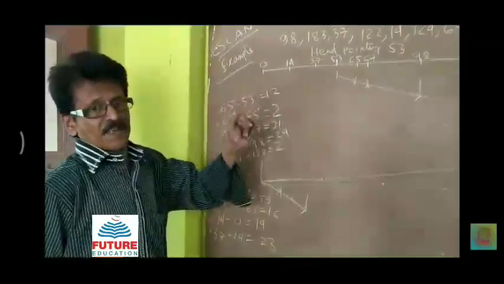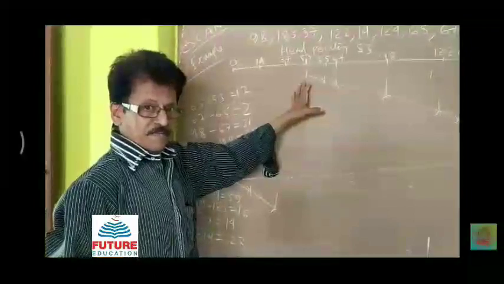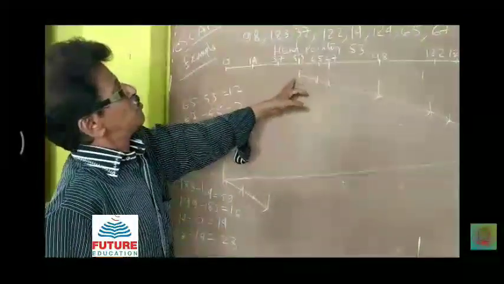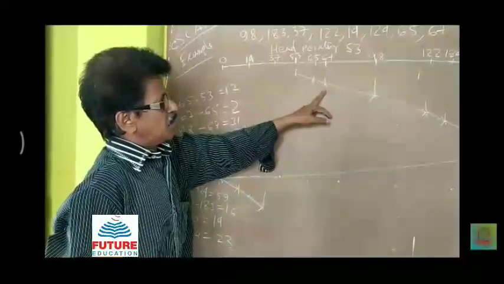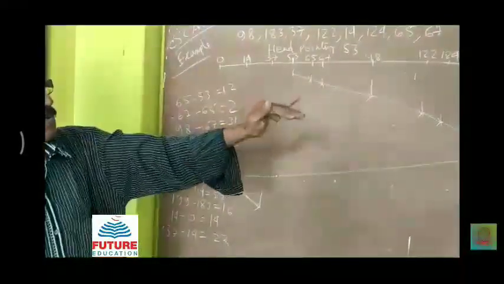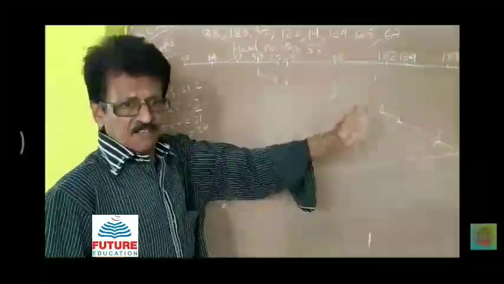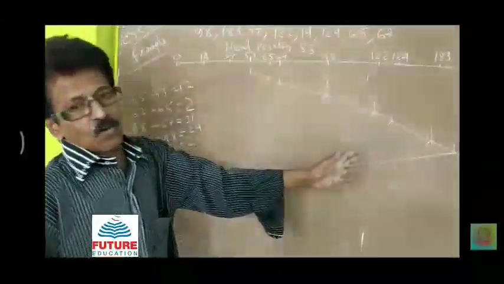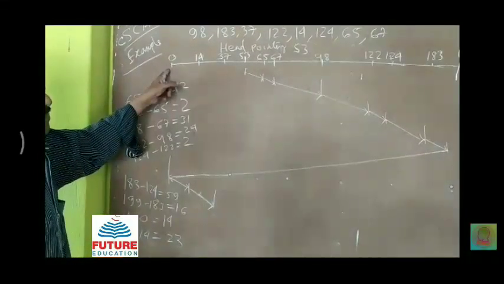In the CSCAN algorithm, we start from head pointer 53, then we move to 65, then 67, because we have to move to 183.